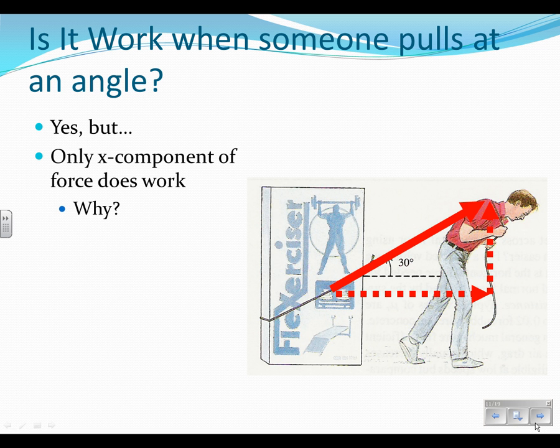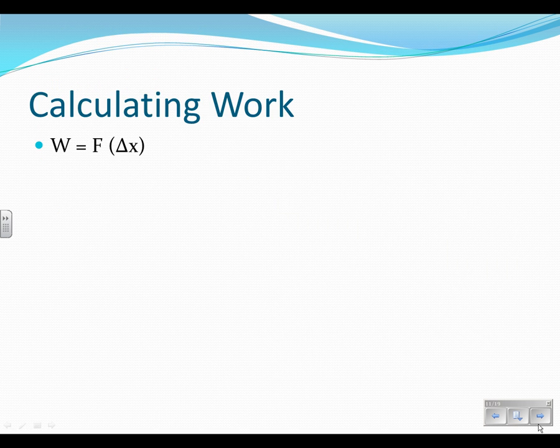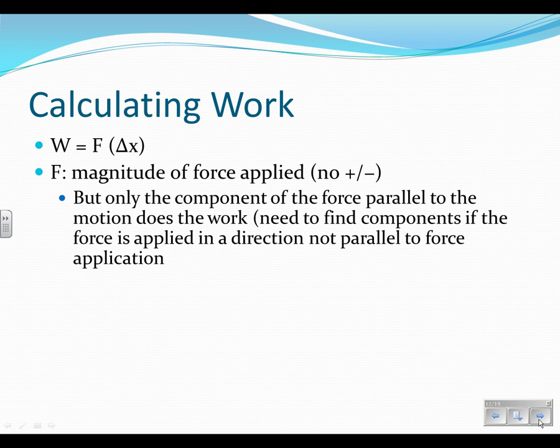All right, we good there? So, calculating the amount of work done. In order to calculate the amount of work that's done, two factors: force and displacement. You multiply the two of them together. When you're dealing with force, we are dealing with magnitude. Work is a scalar quantity. It only tells you how much.